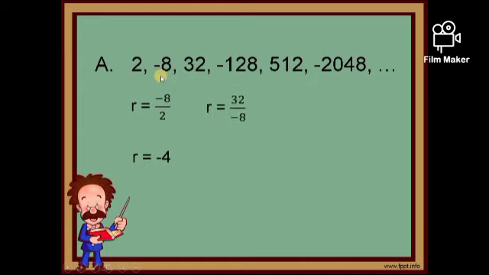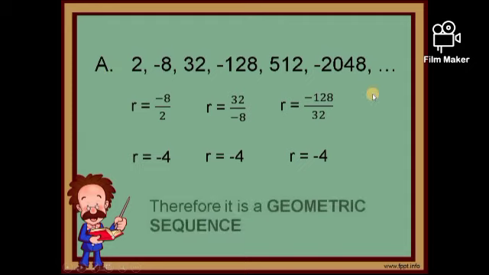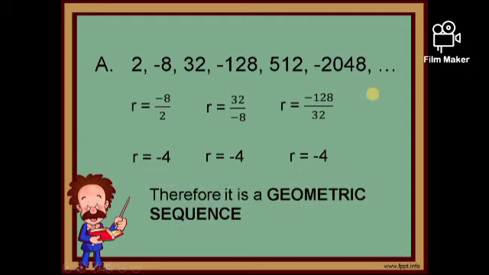Third term divided by the second term, 32 divided by -8 is also -4. And -128 divided by 32, fourth term divided by the third term, is also -4. Since it has a common ratio, therefore, this sequence is a geometric sequence.